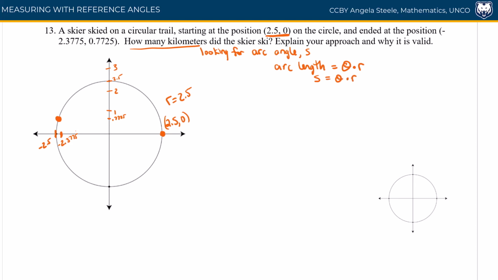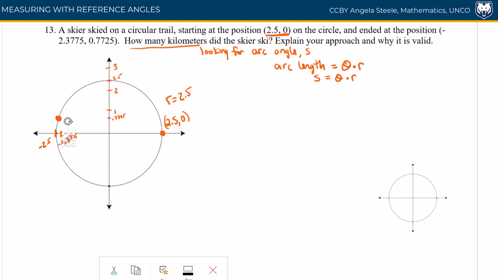Well, right now, the only thing we know is the r value. We do not know our theta. So in order to answer this question, we need to find our theta, which is what we just learned how to do. Okay, so let's go ahead and do that. So drawing a line from the skier to that origin, we are looking for this angle right here.